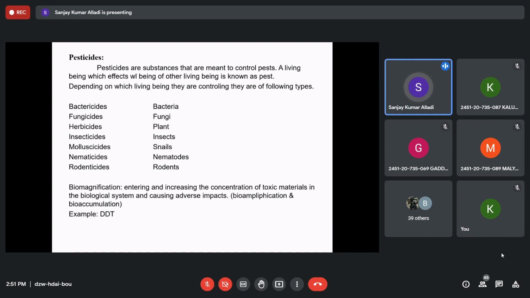So this part is getting accumulated, stored in the body. It is not getting totally eliminated. That process is called bioaccumulation, because it is getting accumulated.